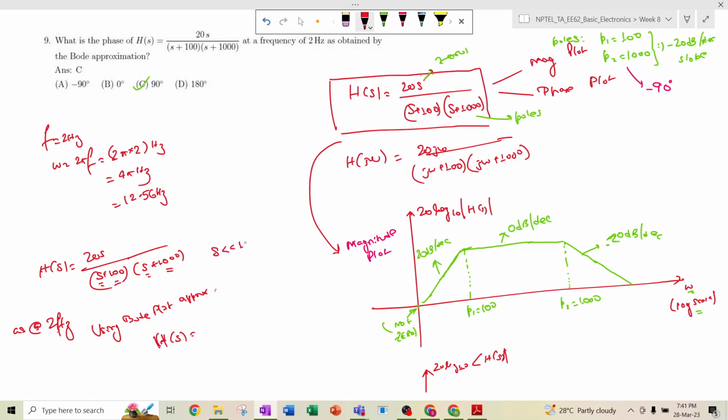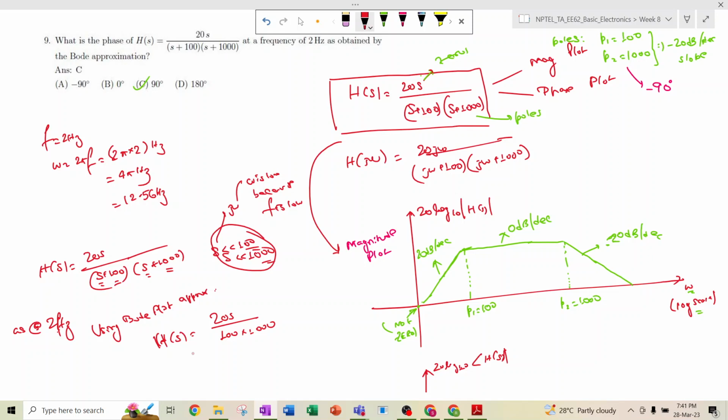S is much less than 100 and s is much less than 1000, because s itself is low. S equal to j omega, and omega is low because f is low. So that means the s is very low. So if we ignore the s in this equation, we get 20s divided by 100 into 1000.